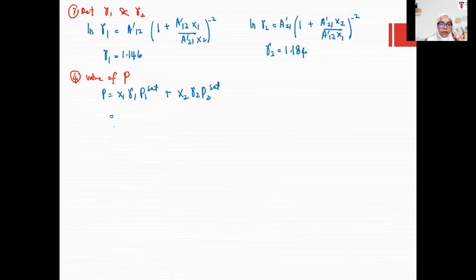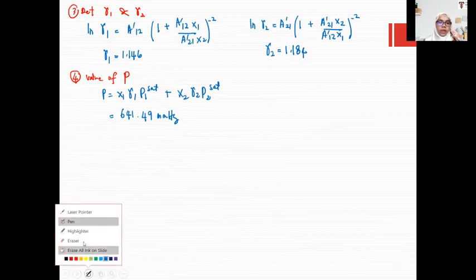Insert all the values, and the value of P is 641.49 millimeter of mercury.